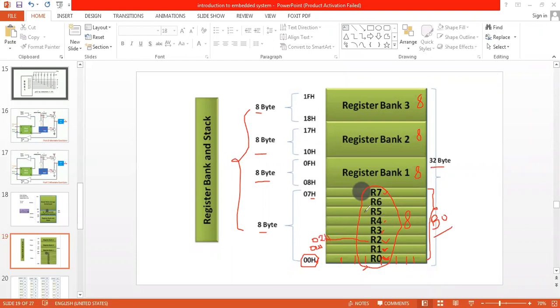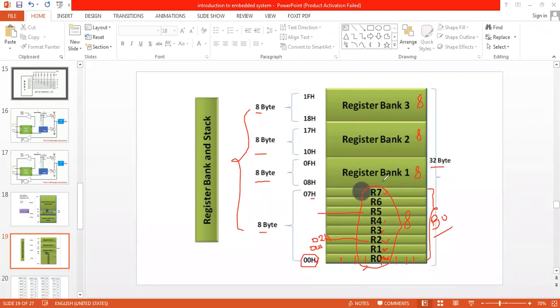Now tell me, what is the address of R5? What is the address of the R5 register? No one is replying. 05H. Yes. So it goes on.